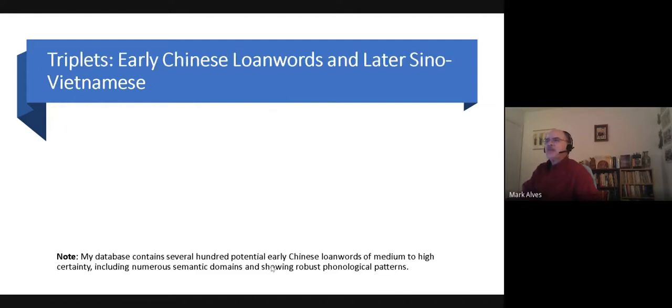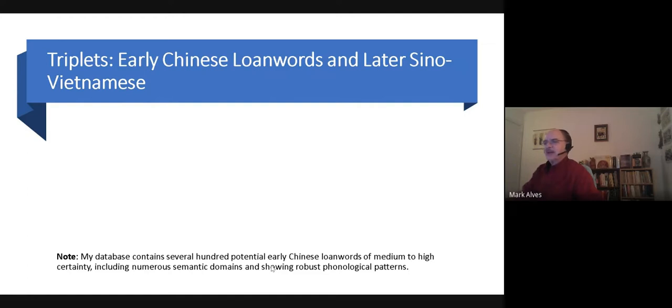So here are some samples. All of the examples I've been giving, like đũa, are doublets. You have đũa and trợ, and for paper you have giấy and chỉ. If you're pronouncing chỉ for paper, then that's the Hán Việt, but giấy is the early Chinese loan. Those are doublets too. But I've found some triplets of early Chinese loanwords.